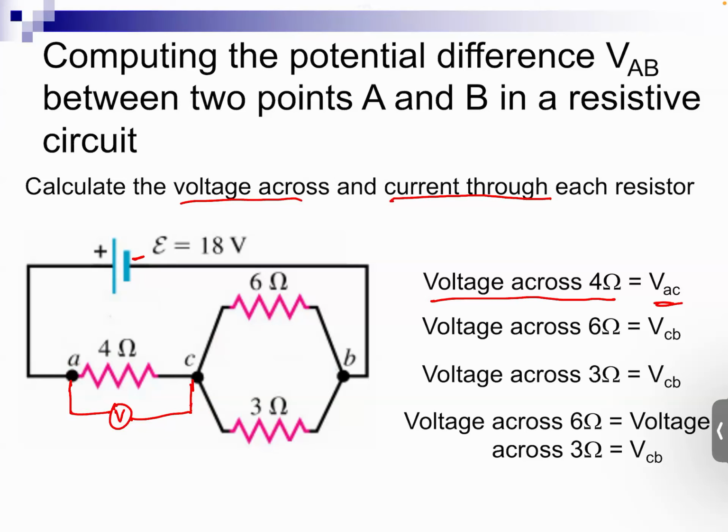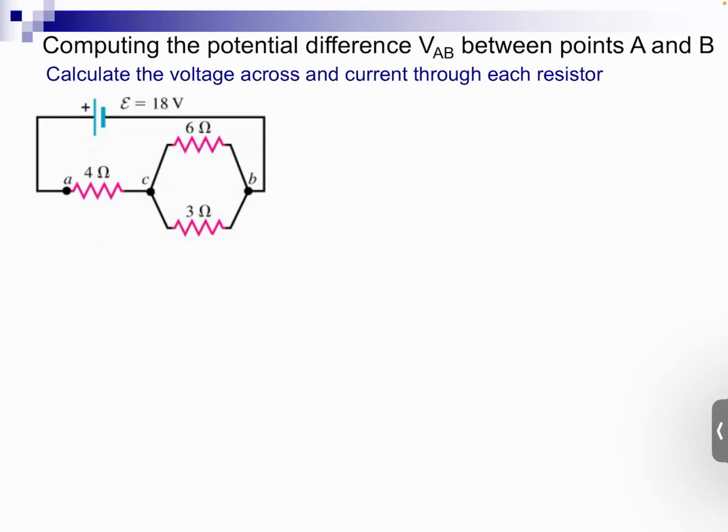In our lecture tomorrow, we will learn about what if you cannot simplify the resistors into a single resistor. But today, as I've mentioned, if you have a single voltage source and multiple resistors connected together, more often than not, you will be able to simplify these resistors into a single equivalent resistor.